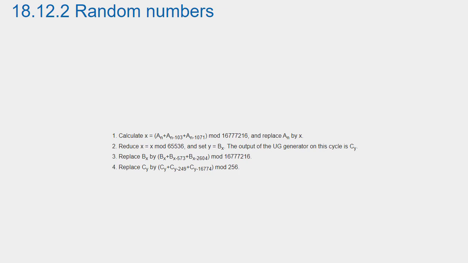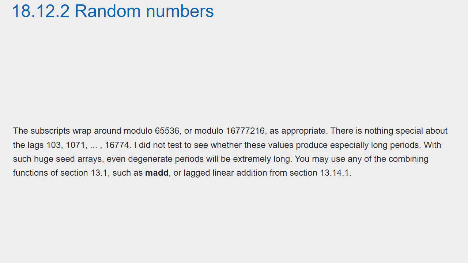3. Replace b_x by b_x plus b_(x-573) plus b_(x-2604) mod 16,777,216. 4. Replace c_y by c_y plus c_(y-249) plus c_(y-16774) mod 256.